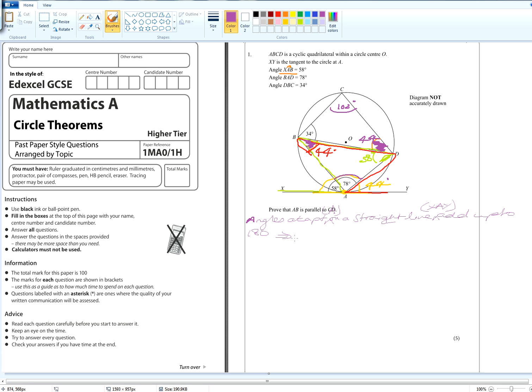Therefore, angle DAY is equal to 180 degrees minus 58 degrees minus 78, which gives us an answer of 44 degrees.